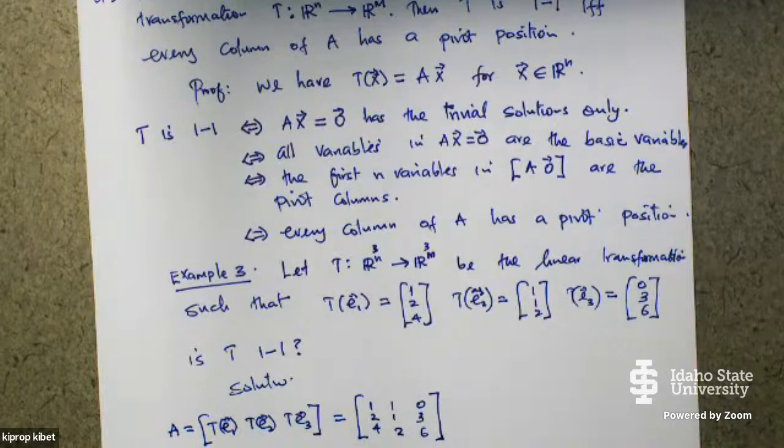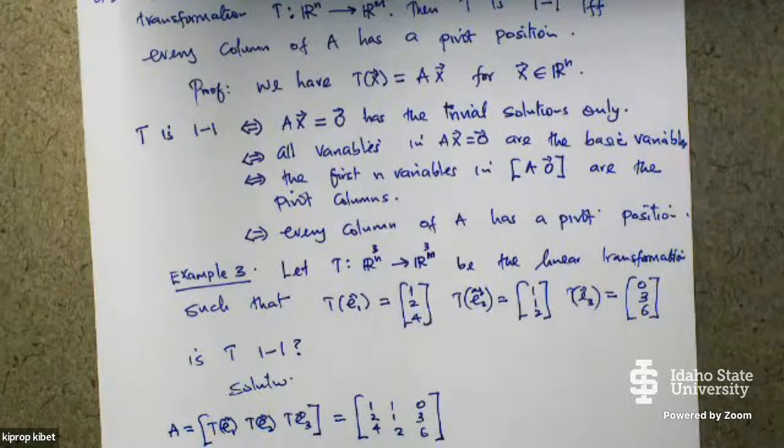So that's our standard matrix. You can be given a question in an exam, where you're given those vectors and told to write the standard matrix. Now from here, we reduce this matrix.